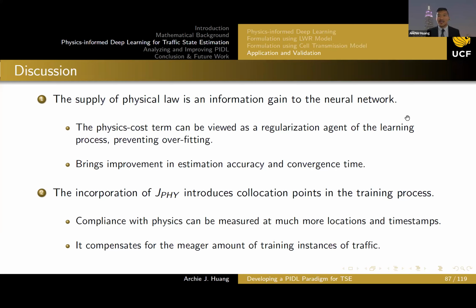In the first case study, you only have 0.4% of the training data, but the JPHY cost term can be measured anywhere, at any location, at any time, and that gives much more opportunity to gain information on JPHY and provide aid to the optimization process. And that compensates for the really limited number of training instances of traffic for the purpose of TSC.